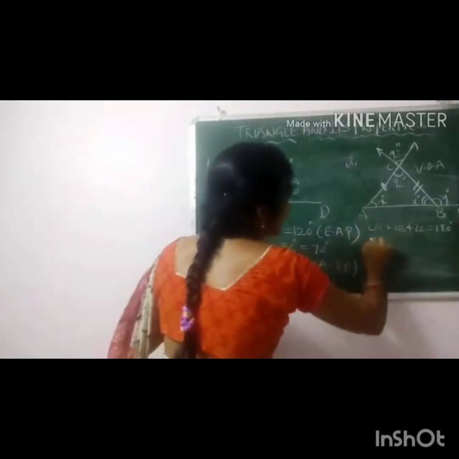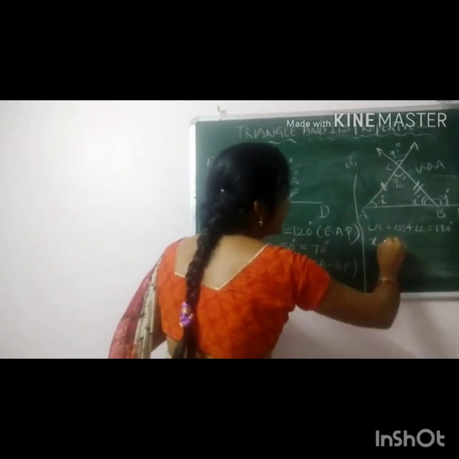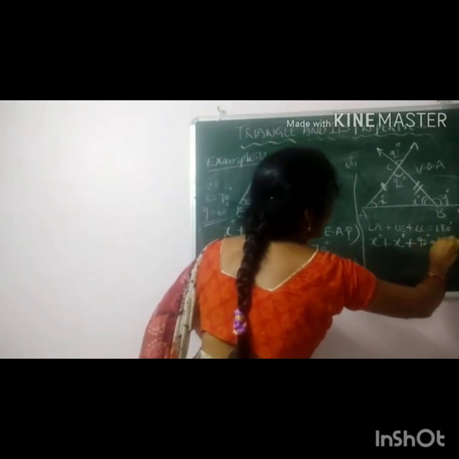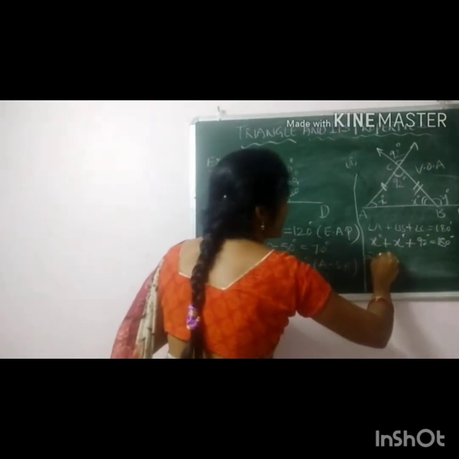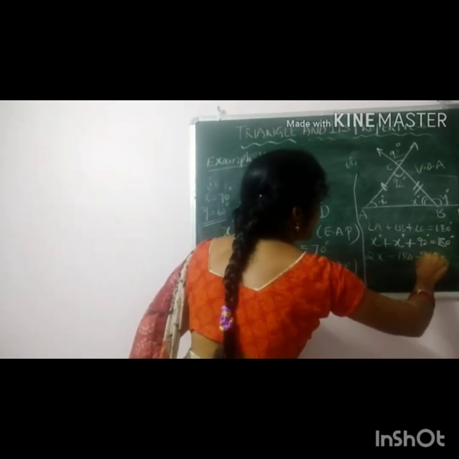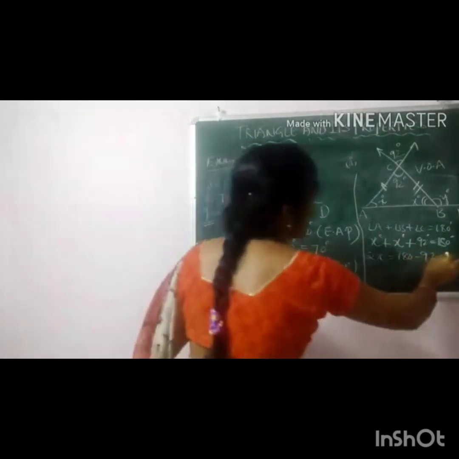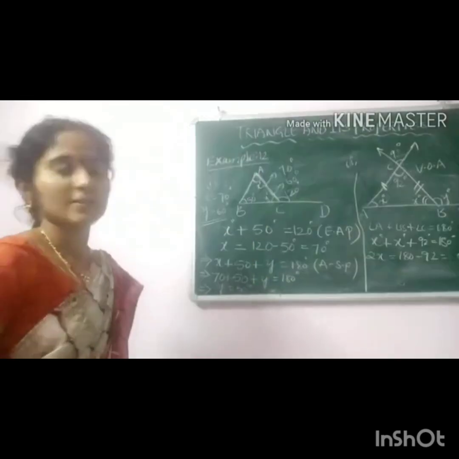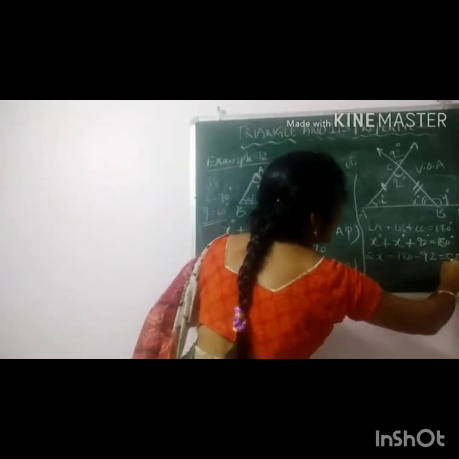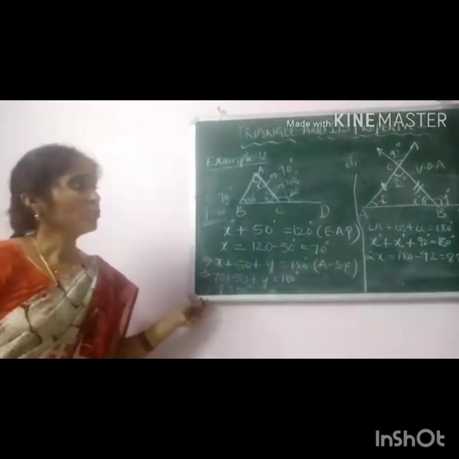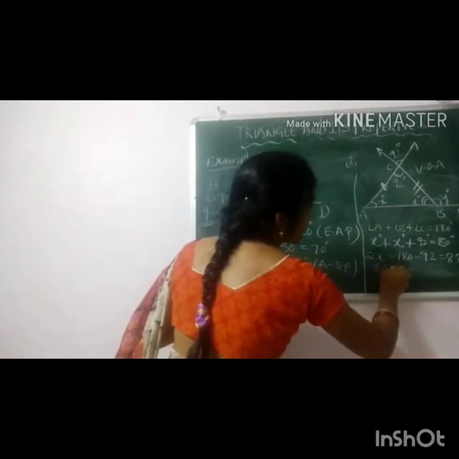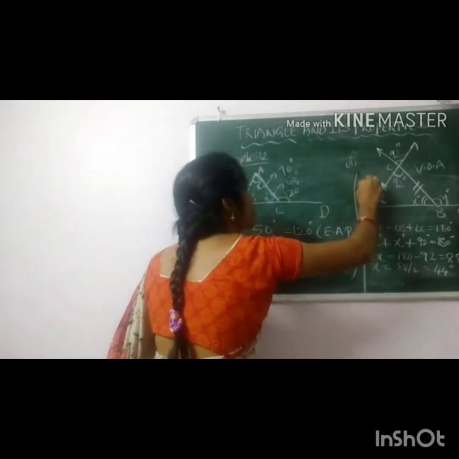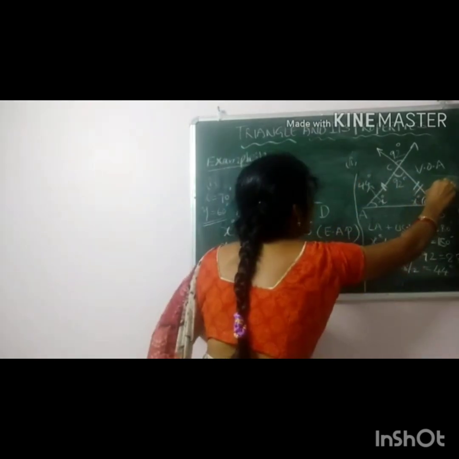Here angle A is x, angle B is also x, and angle C is 92 degrees, equal to 180 degrees. x plus x, 2x, is equal to 180 minus 92. 180 minus 92 is 88. So 2x is equal to 88. We want x, so 88 by 2, 44 degrees. This x value is 44 degrees. Automatically this also is 44 degrees.